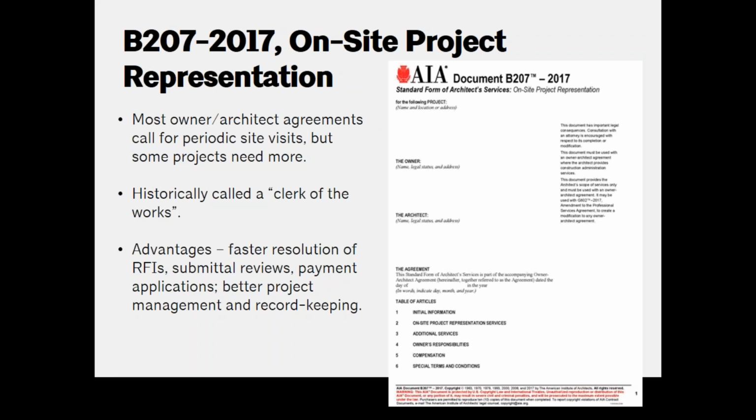The next document that we updated is B207, on-site project representation. If you are familiar with our B101 document and the majority of our owner-architect documents, they require the architect during the construction phase to visit the site at periodic intervals, depending on what is going on at the project at that time.